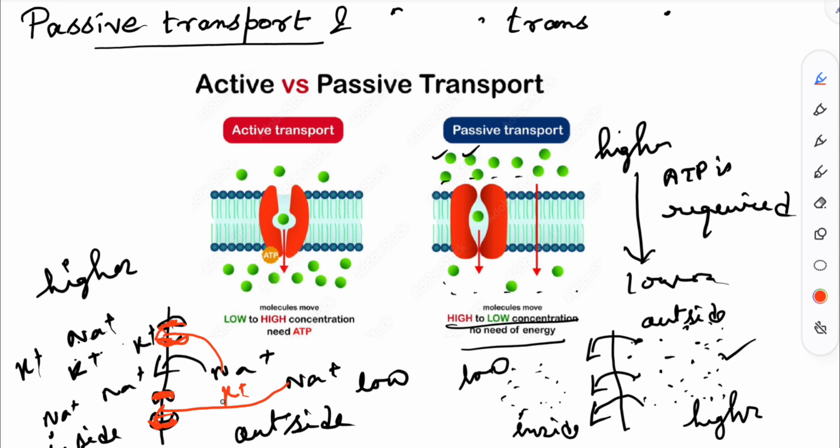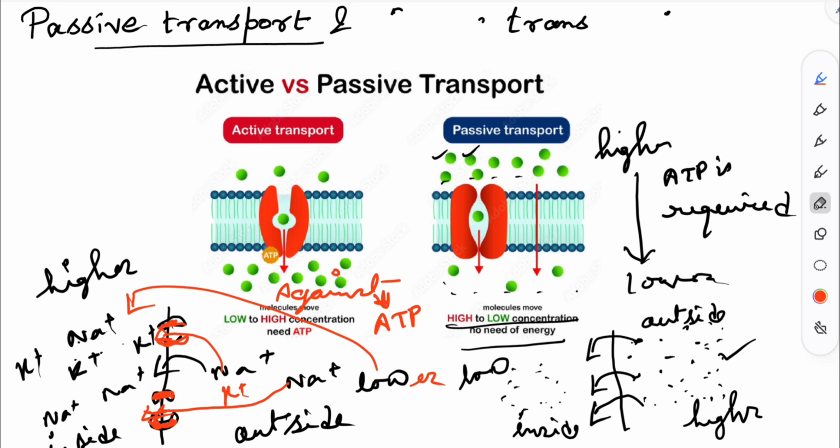This potassium ion will enter through this channel against the concentration gradient. It's moving from lower concentration to higher concentration, against the concentration gradient. That is why here ATP is required.